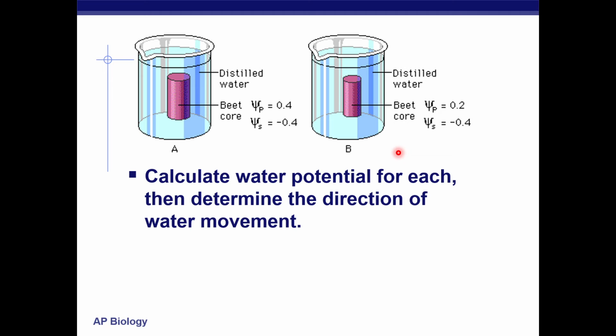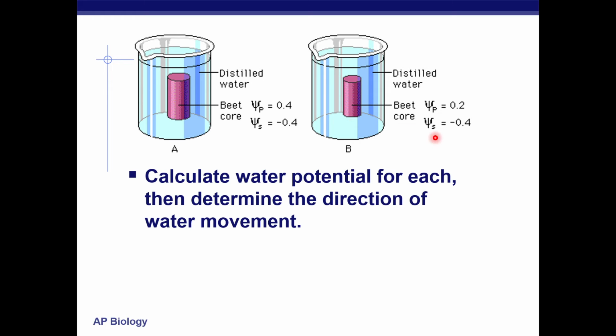So, because it's a negative 0.2, then I know that water is going to move from the hypotonic environment, which is 0, into the beet cells, which have more solute in them, which have less water potential. So the water potential of the distilled water is 0.